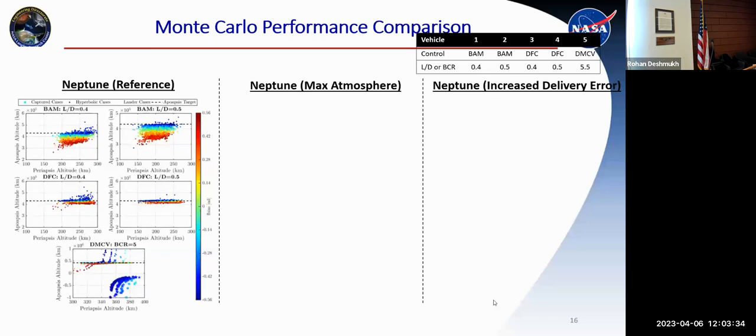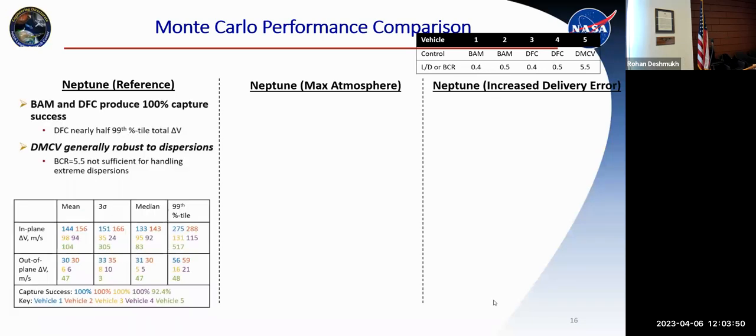You might say we could probably alleviate this by increasing the ballistic coefficient ratio. That might be a way to see if we can get ballistic flight to achieve similar performance as direct force control. As a quick summary, here are some of the statistics we got out of the results.